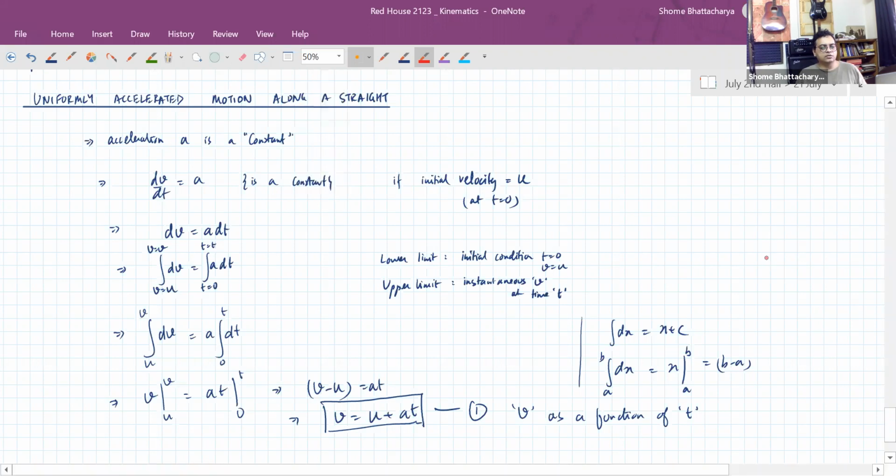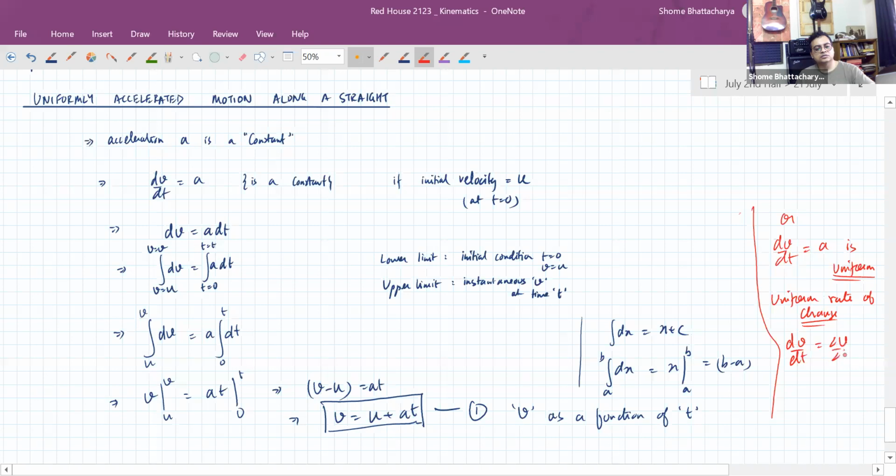But also we can make a much more simple justification of this. We can see that here dV by dt, which is A, is uniform. So it has a uniform rate of change. That uniform rate of change will be such that the average rate of change is equal to the instantaneous rate of change.